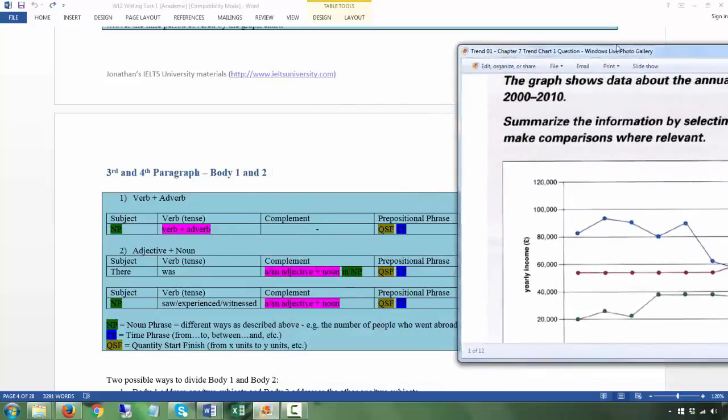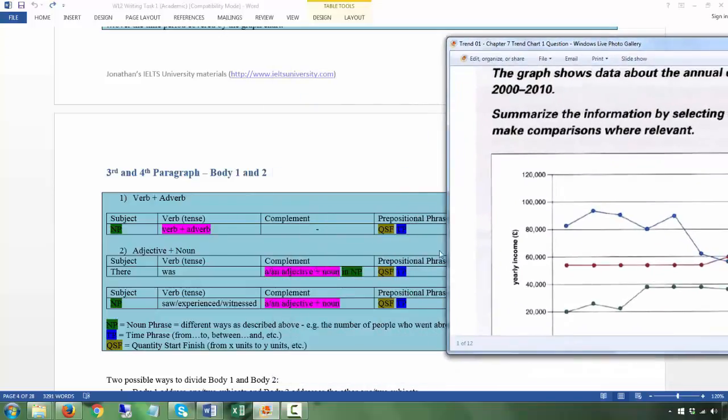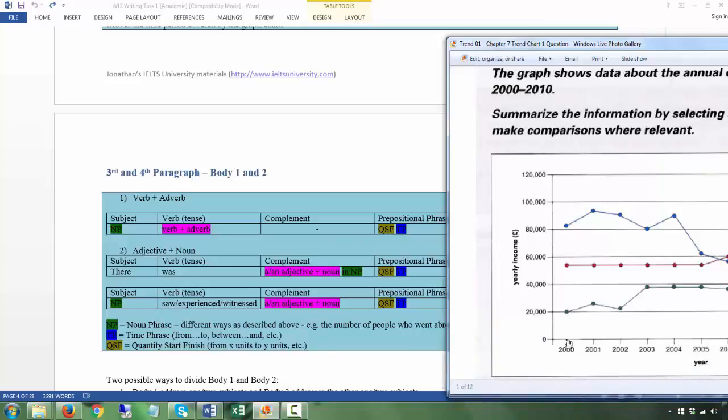So increase sharply. Then you have the QSF, which means quantity from start to finish, and the TP, time period. So you could say increase sharply from just above 80,000 pounds in 2000 to around 95,000 pounds in 2001. So you cover all four colors here.